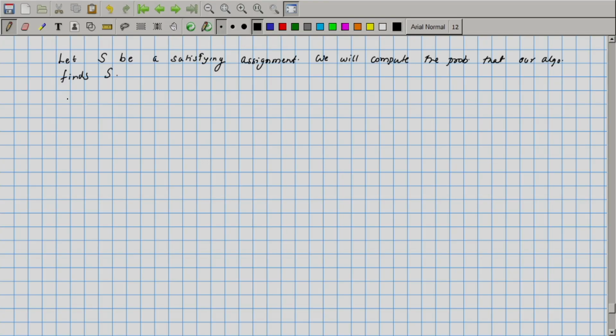So, we will introduce certain random variables. Let us say A_i will denote the assignment, or the partial assignment, at step i.